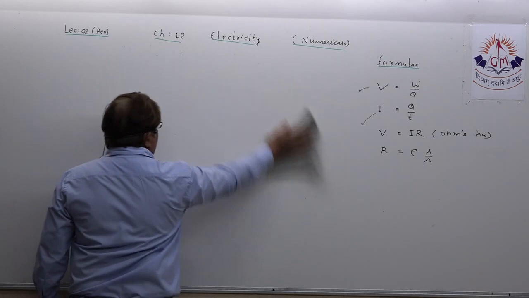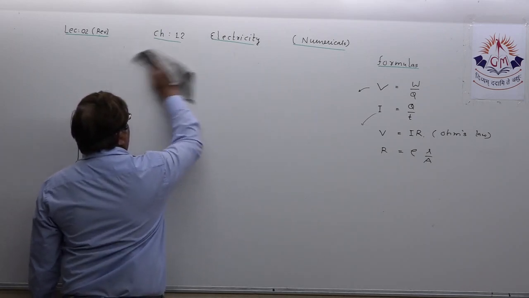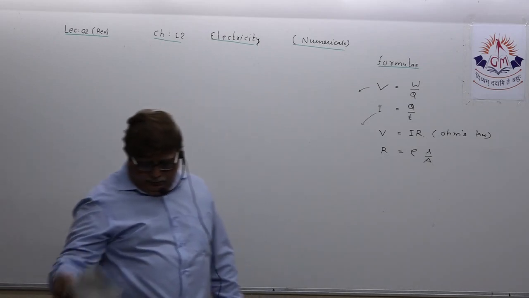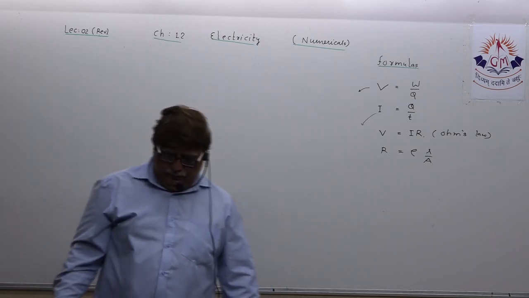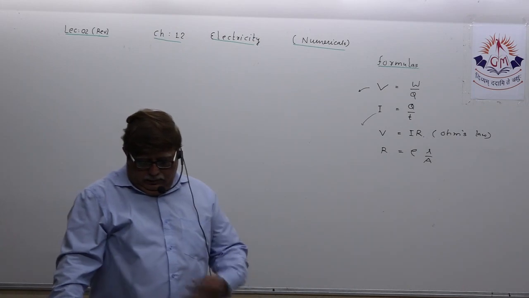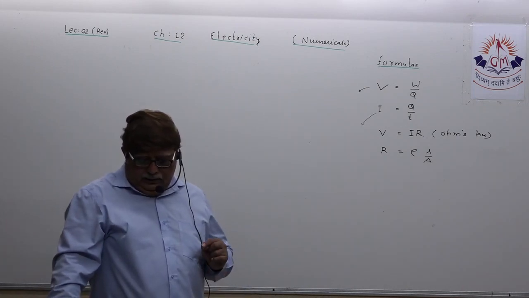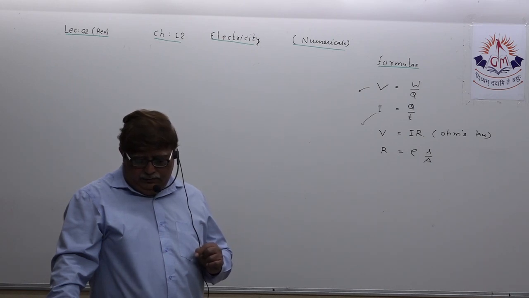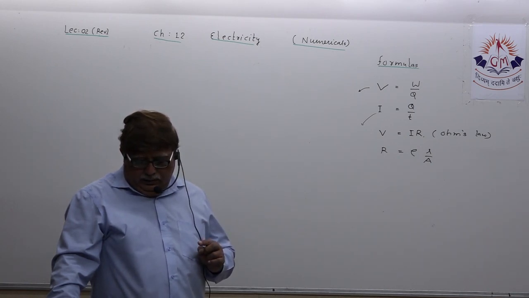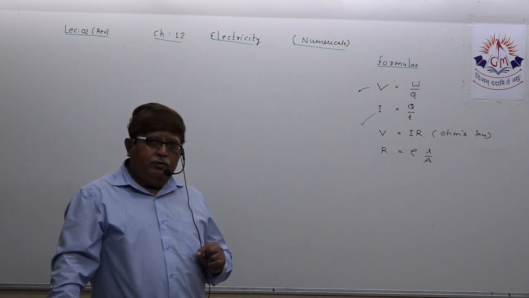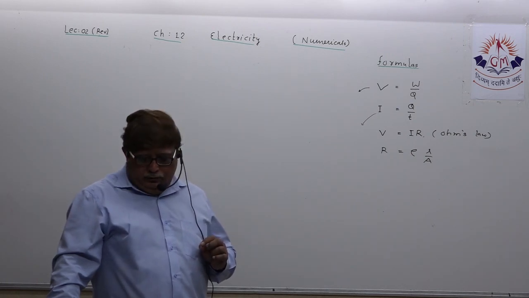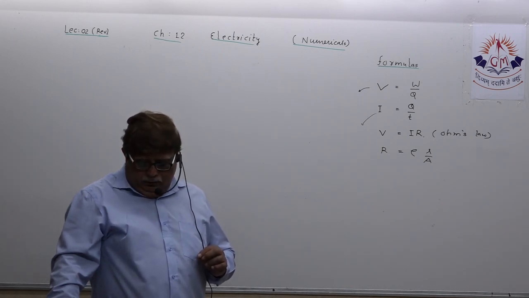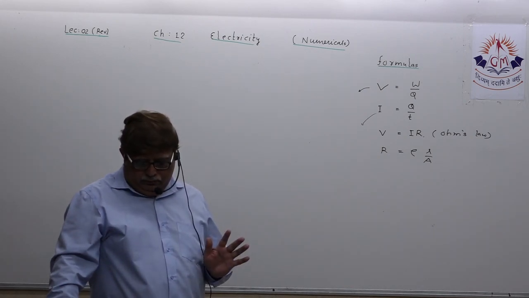Numerical number 6. What is given? First you read it. While connecting a torch with battery, an electric current of 64 milliampere flows through the bulb.